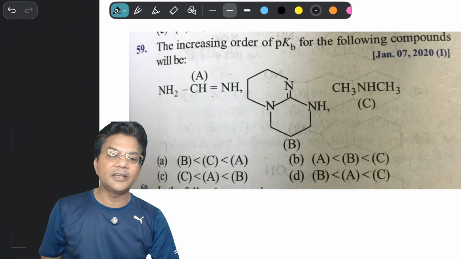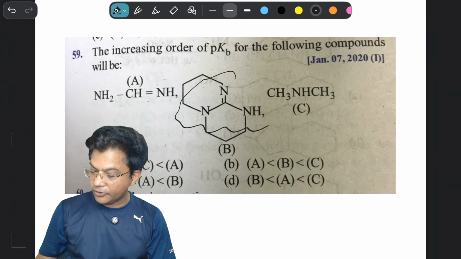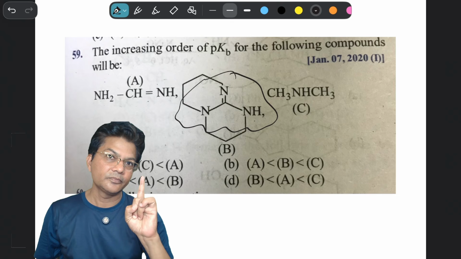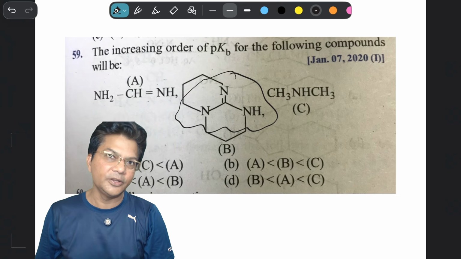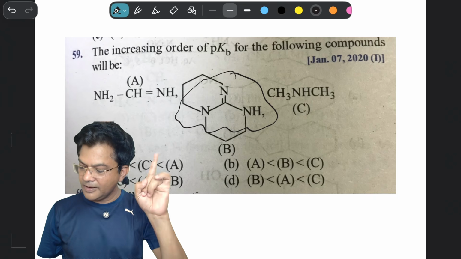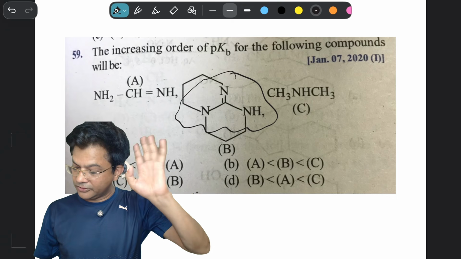So least pKb must be of guanidine. This is forming a guanidinium cation. So most basic is guanidine. That is the part of arginine also, the most basic amino acid. So its Kb will be maximum, so least pKb. So it should get started with B.